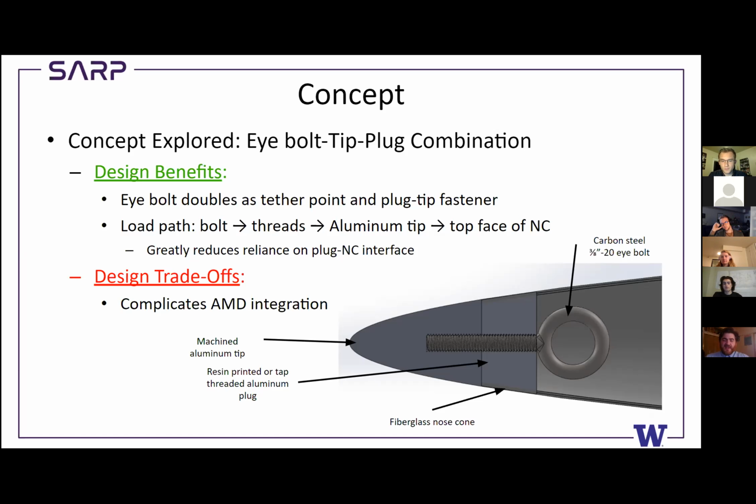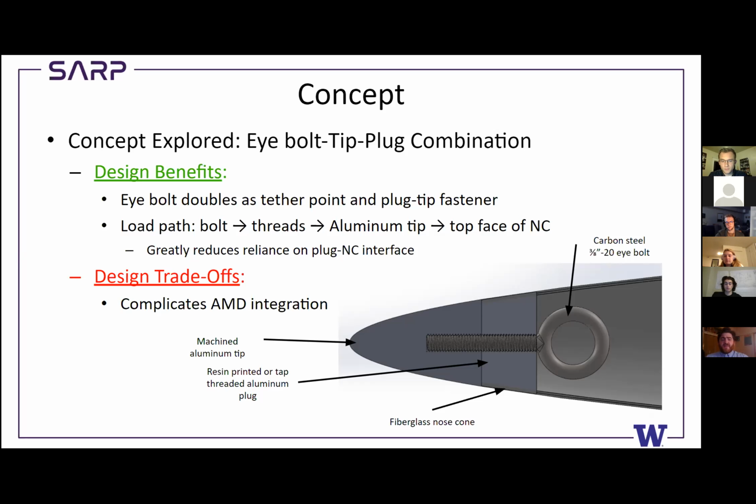This will exert a force from the eye bolt to the threads of the tip, and then to the top face of the Nosecone, which is really important to us because that means we don't have to rely on the frictional forces due to adhesion or friction fitting of the Nosecone plug. Instead, we will rely on the normal forces exerted between the Nosecone and the tip because they are interfaced together.